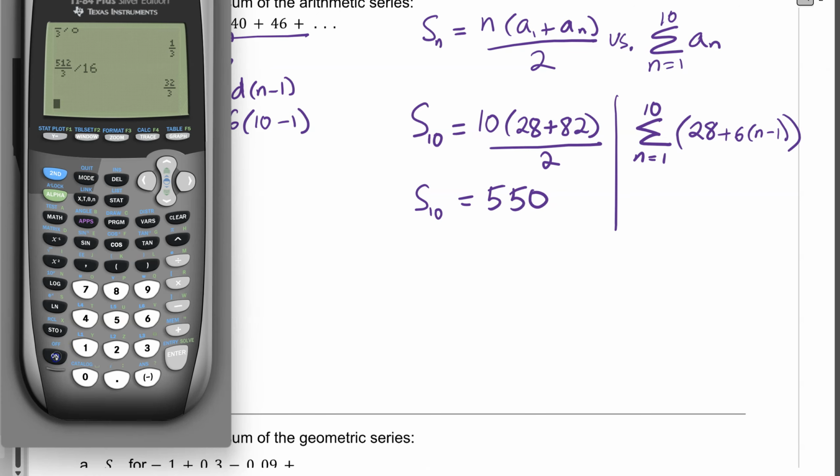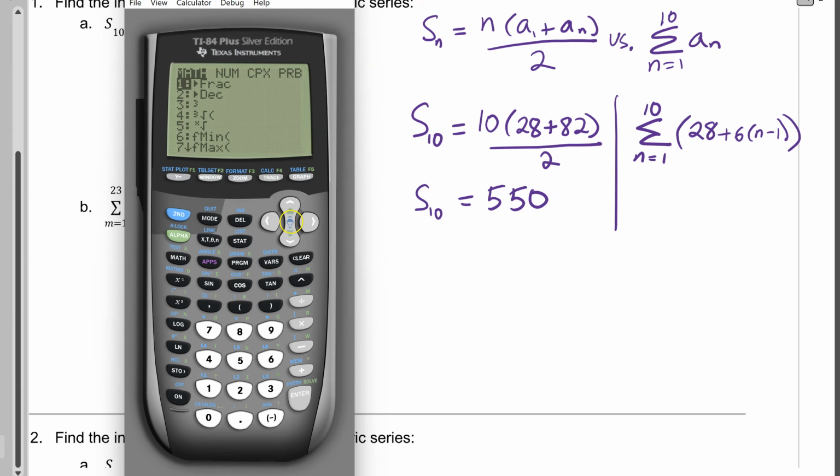If you don't remember where that sum button is on your calculator, if you hit the math button, which is right under alpha, if you go all the way down to 0, there's a summation button, and you can type it in from there. Now, instead of n, I'll just use x here because that's a little bit easier to access. Doesn't matter what letter you use, though, as long as you're consistent.